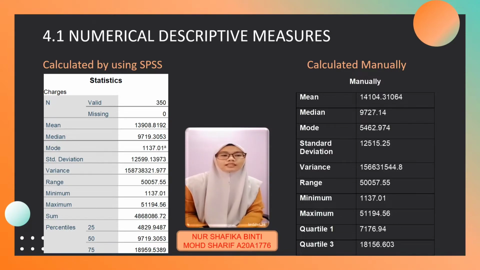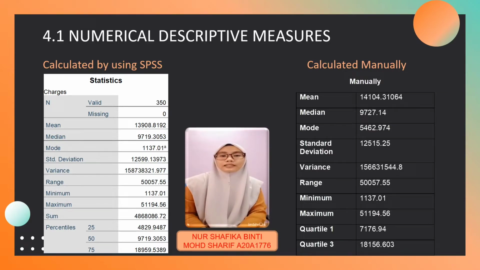The difference of variance is about 2106777.1. The range, minimum and maximum value for SPSS calculation and manual calculation are equivalent to 50057.55 and 1137.101 and 51194.56.